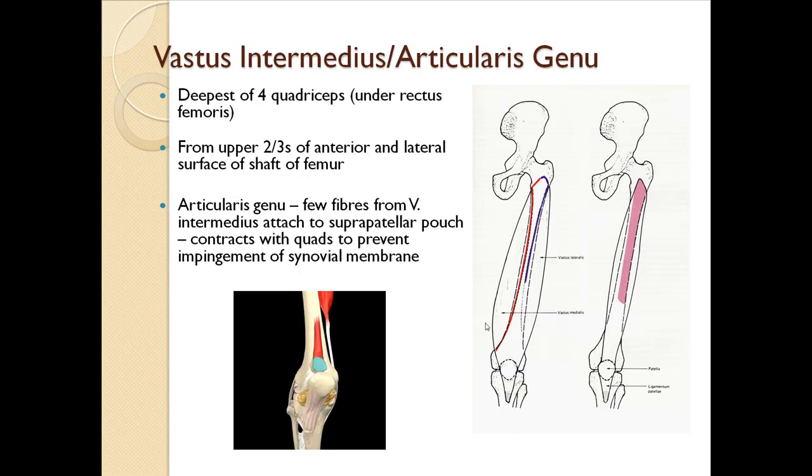Now, deep to vastus intermedius, there are a few fibres that, rather than attaching into the base of the patella, go off and blend here onto the apex of the suprapatellar pouch. This muscle is known as articularis genu, and its function is to prevent impingement of the suprapatellar pouch.